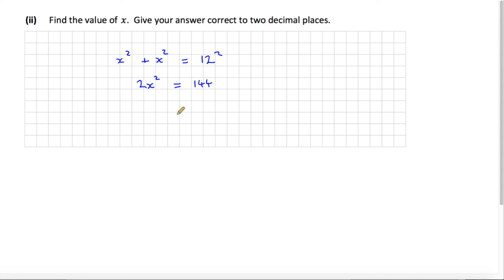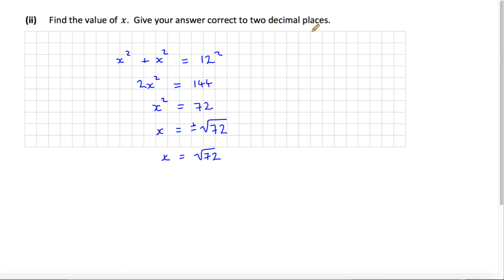So you could divide both sides by 2, the most straightforward way, and that's 72. And then x would be plus or minus the square root of 72, but of course we're dealing with length, so we know it's going to be the positive value, so x will be the square root of 72. So that's the length of x. However, they want the answer correct to 2 decimal places.